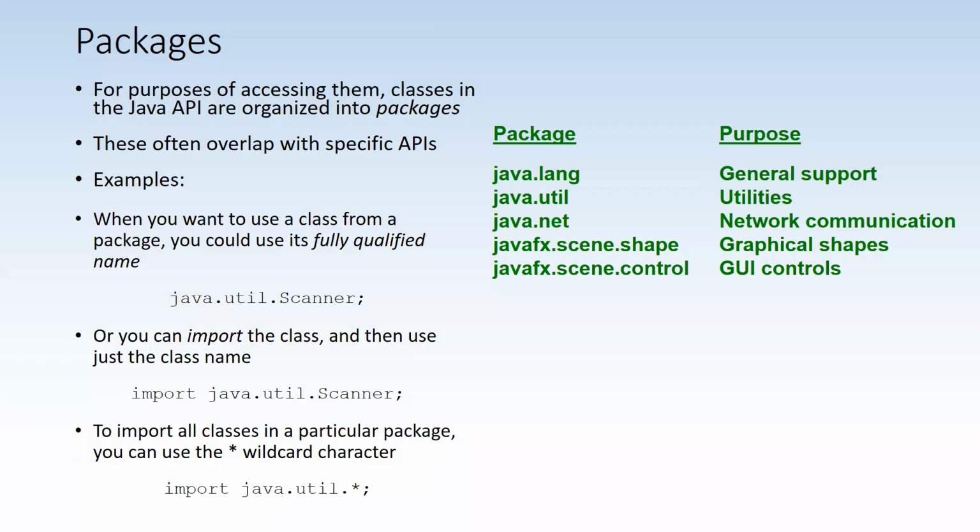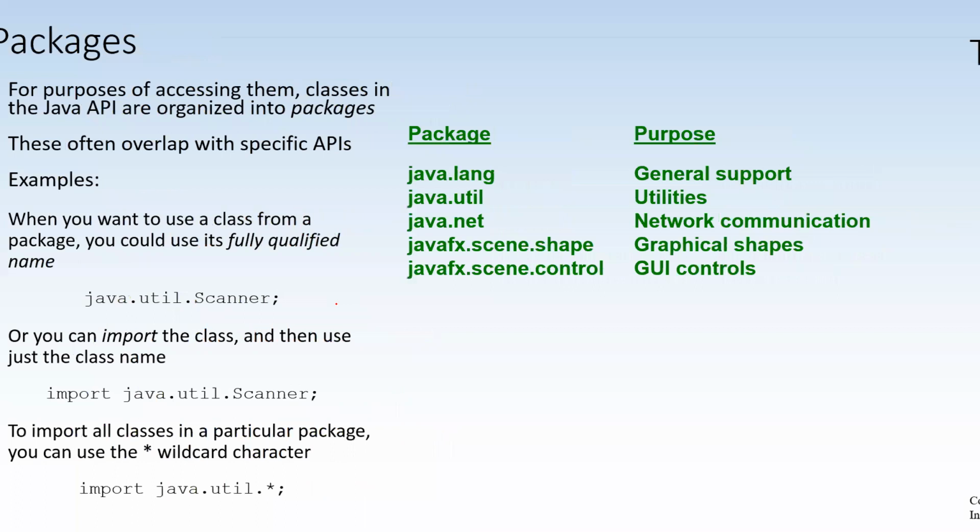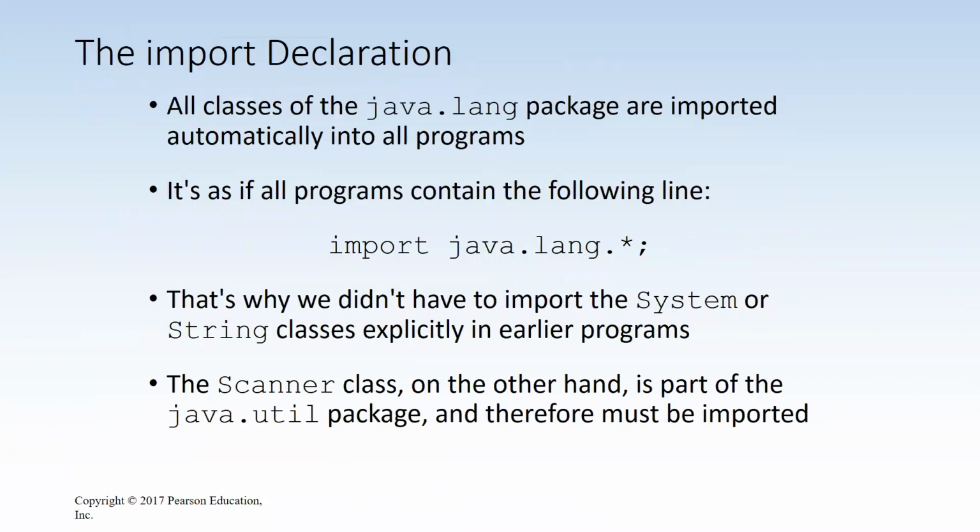And when you want to use the library, you have to make sure you import it. And we did the import java.util.Scanner. You understand that? So we did that already. The import declaration for java.lang is unnecessary because this package is imported by default for you.